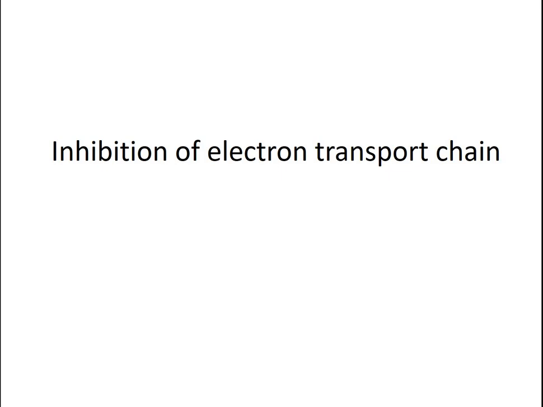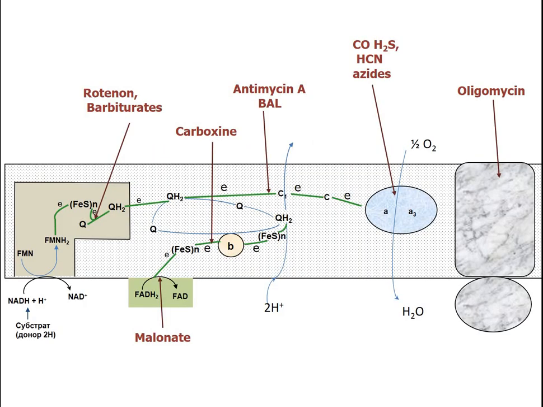They are inhibitors. Rotenone and Amobarbital are inhibitors for the first respiratory complex. They block electron transmission from the iron-sulfur cluster into ubiquinone.